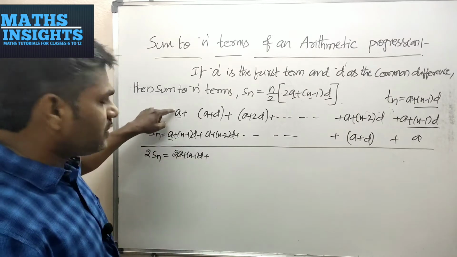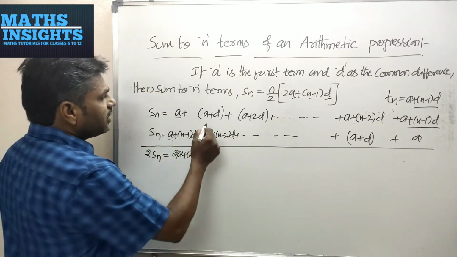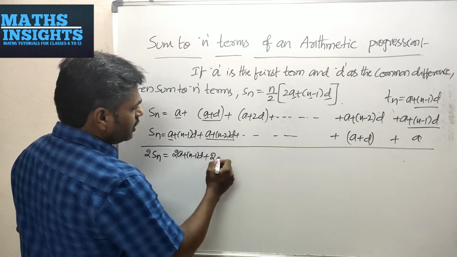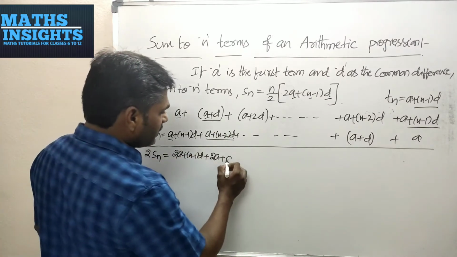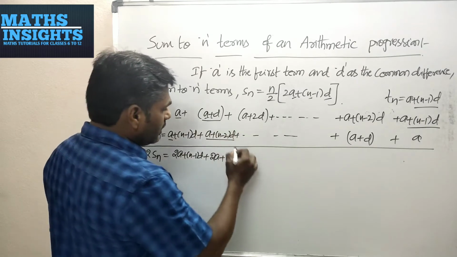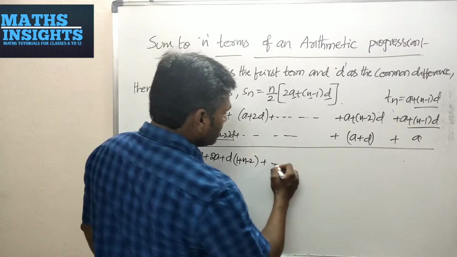This is the addition of the first terms of the corresponding sums. Similarly, if you see this and this, a and a become 2a, and if you take d as the common factor, the coefficient of d is 1, plus n minus 2, and so on.